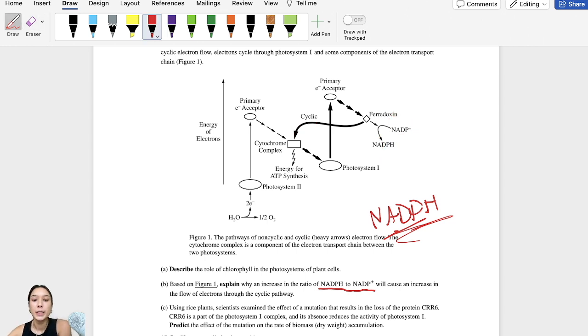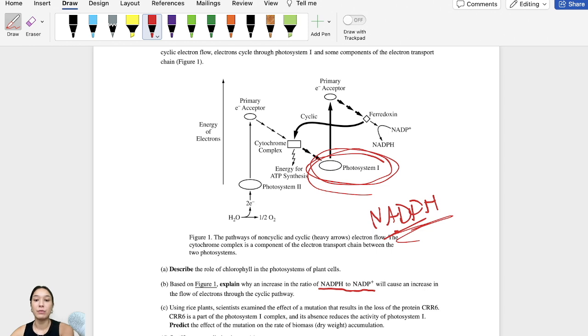So then part C says, using rice plants, scientists examined the effect of a mutation that results in the loss of protein CRR6. CRR6 is part of photosystem 1 complex. So they don't give you CRR6 in this diagram, but we know it's part of photosystem 1. And its absence reduces the activity of photosystem 1.